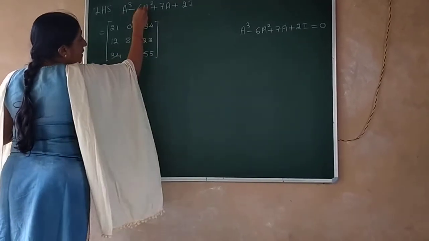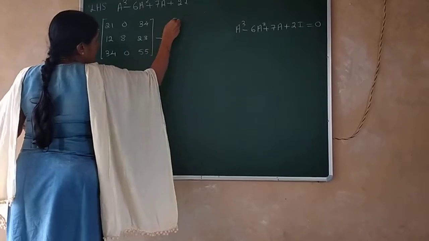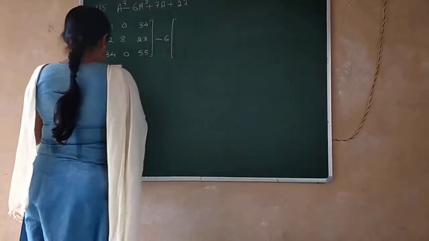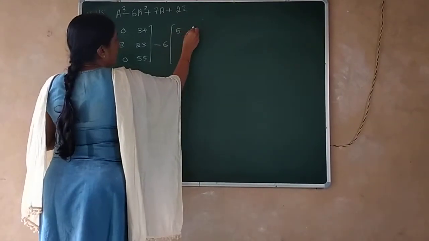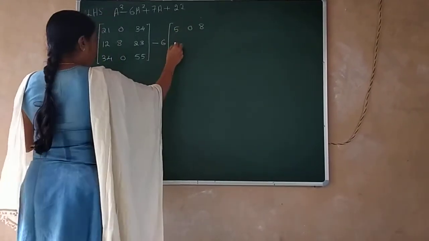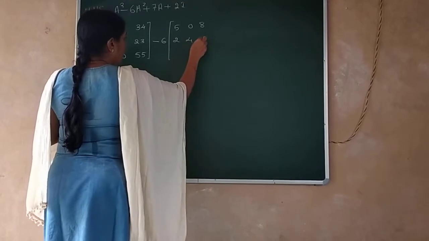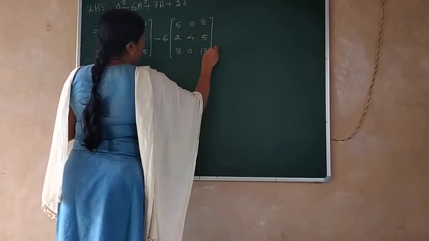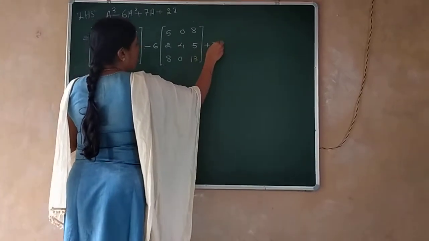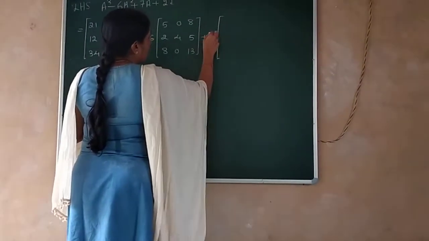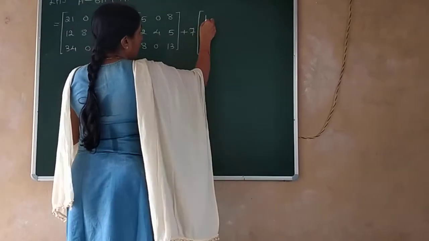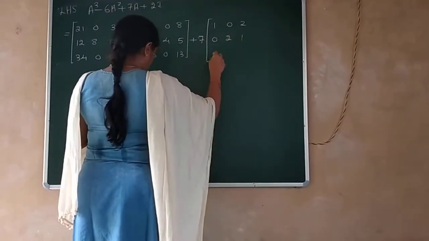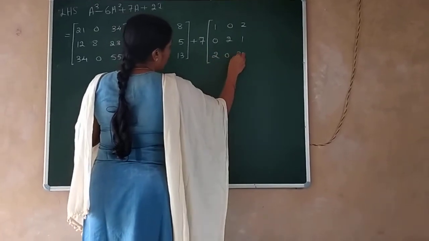After that keep minus 6 as it is. Write A square. What is A square? 5, 0, 8, 2, 4, 5, 8, 0, 13. After that plus 7 as it is. Write A, which is also given in the problem: 1, 0, 2, 0, 2, 1, 2, 0, 3.